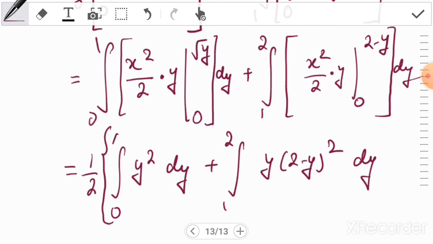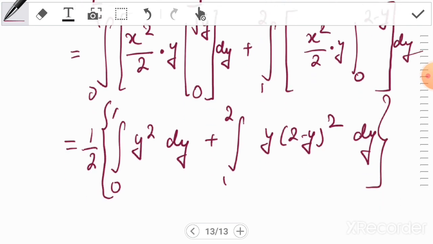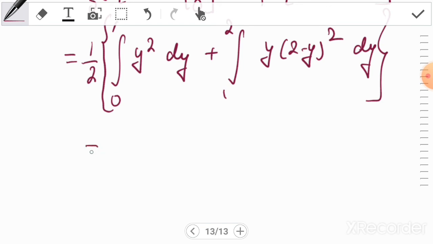If you solve this, you will get 1 by 6 plus 5 by 24, which is 3 by 8.